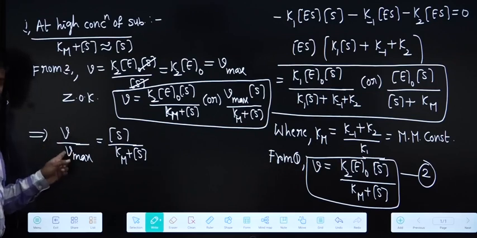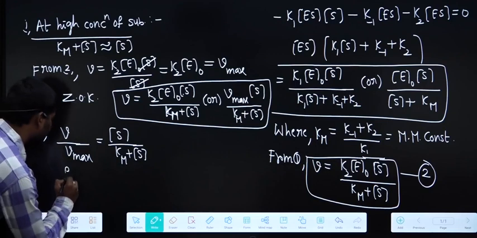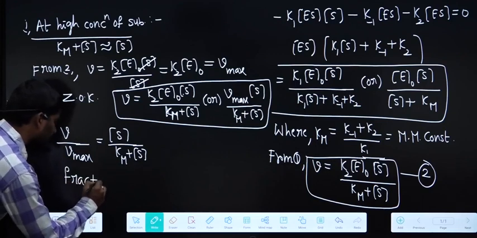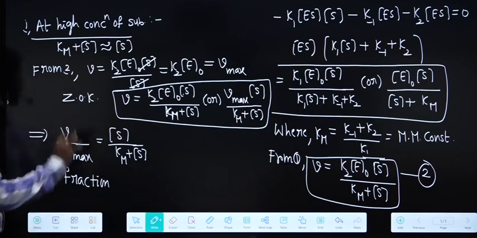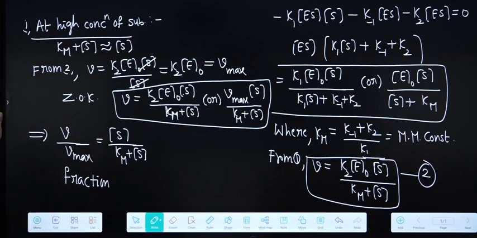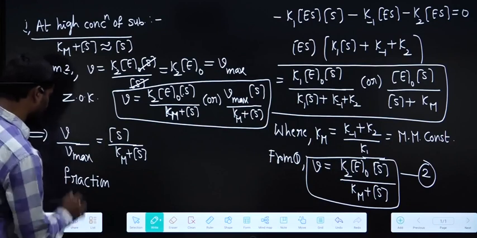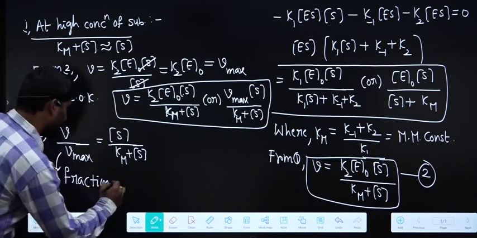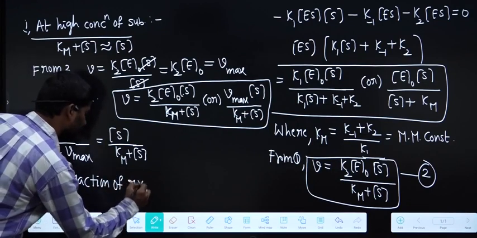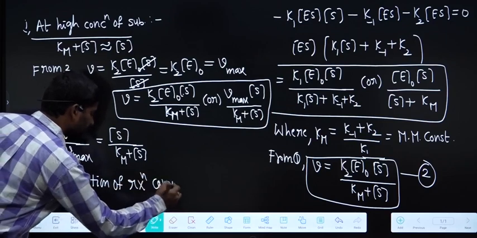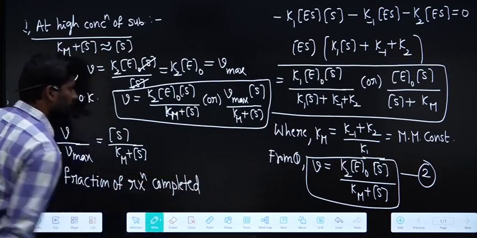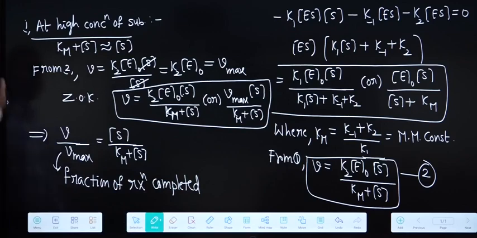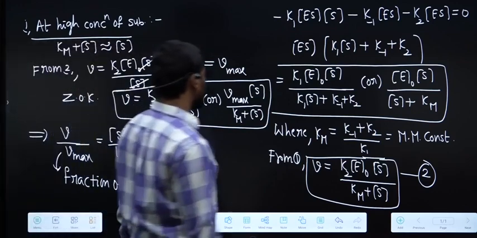So this V by V max indicates fraction of reaction completed at a particular concentration of substrate. At a particular concentration of substrate, what is the fraction of reaction completed, that is given. So V by V max indicates fraction of reaction completed. This is at high concentration of substrate.